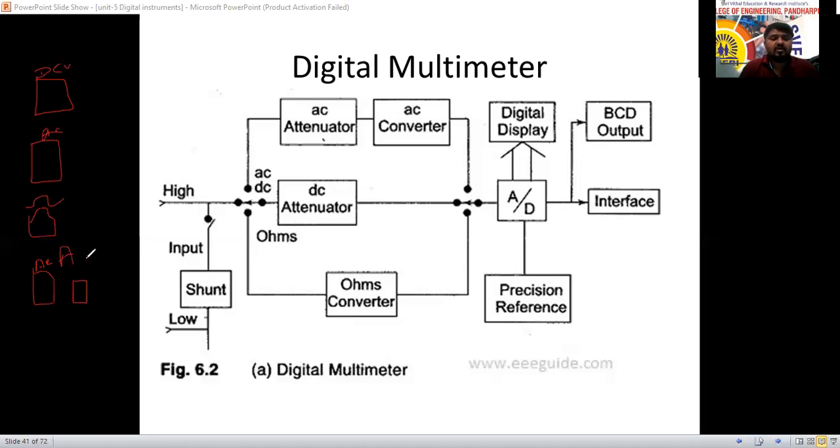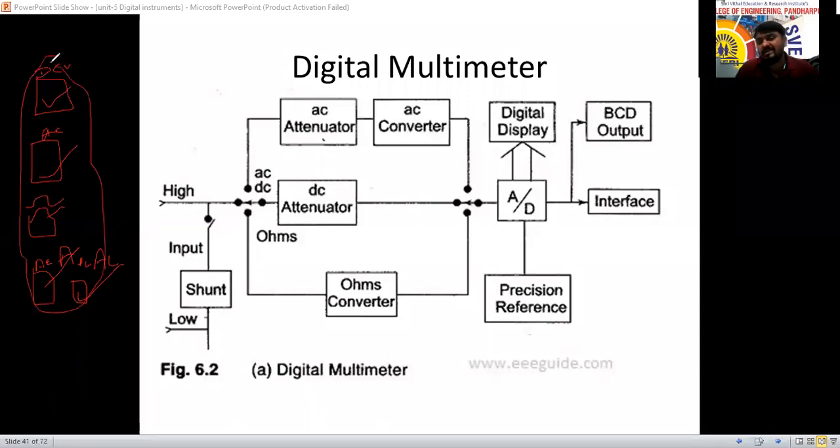How many meters are required? 1, 2, 3, 4, 5 meters are required to measure AC voltage, DC voltage, AC current, DC current, and resistance.